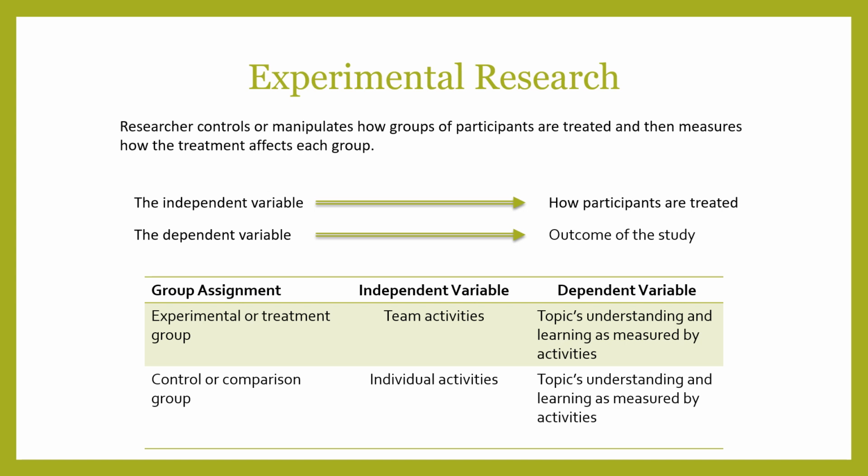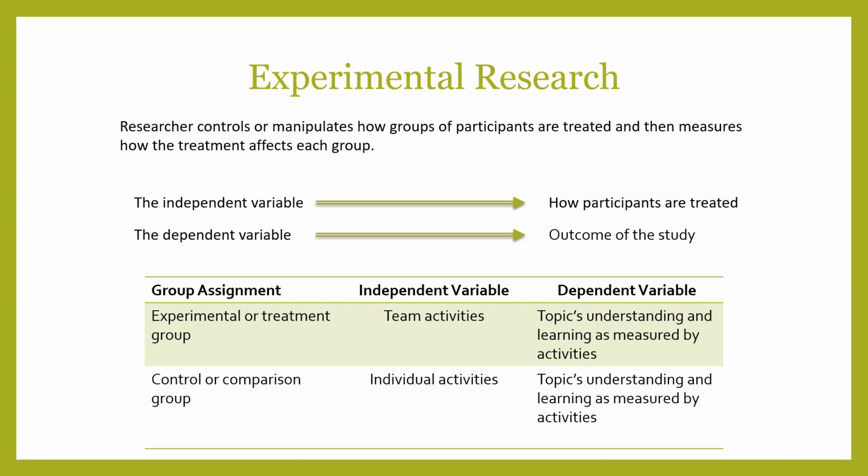And if there is a difference in the experimental or treatment group, for example, the independent variable here is team activities for the experimental group and individual activities for the control group.